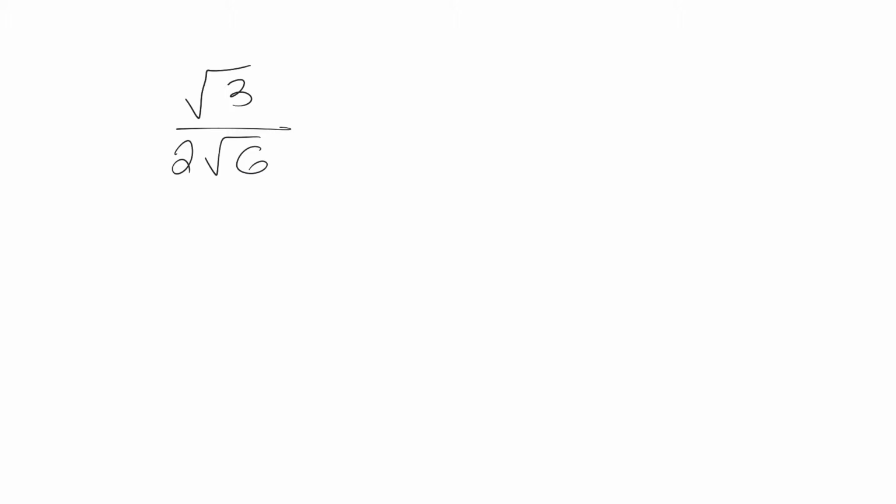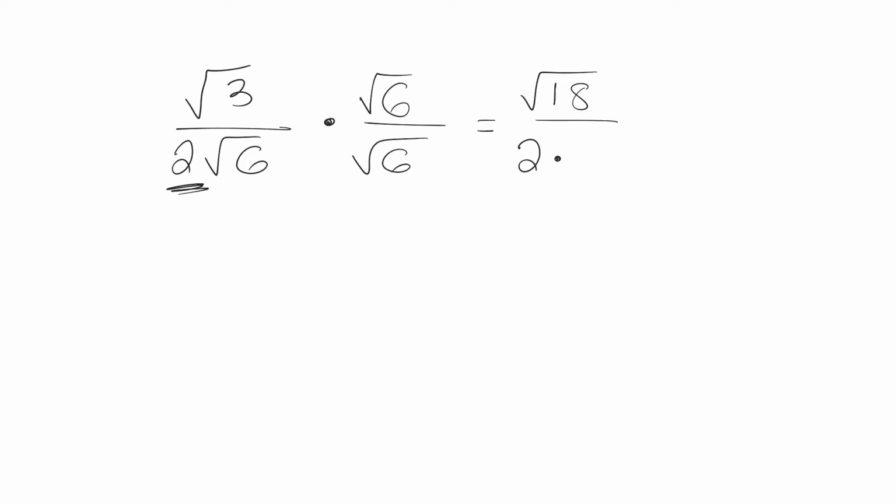Okay, hopefully you chose to multiply by the square root of 6. If you did that, you got the square root of 18. And in the denominator, you're going to have 2, that 2 is right here, times 6. So that's going to be root 18 divided by 12. Now, does the square root of 18 break down? It does.